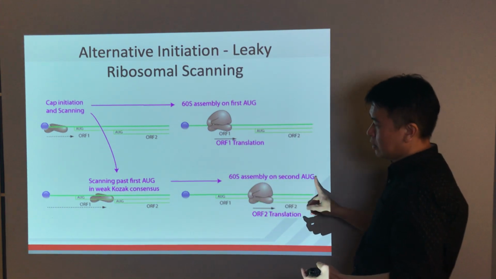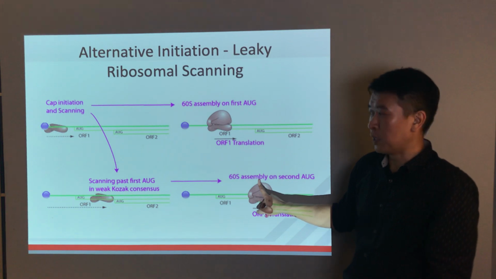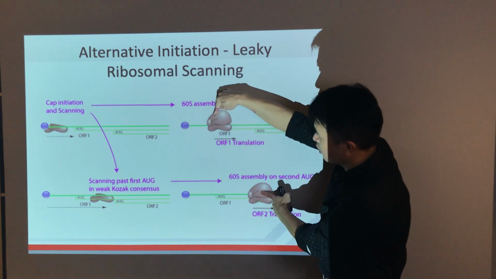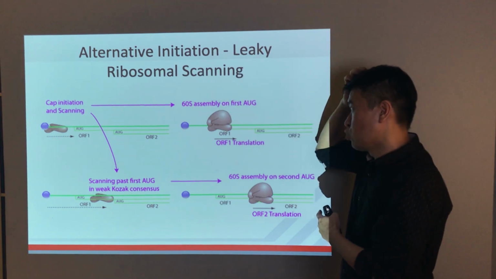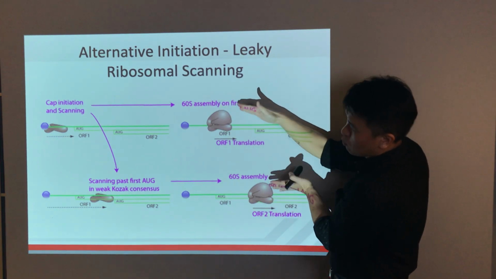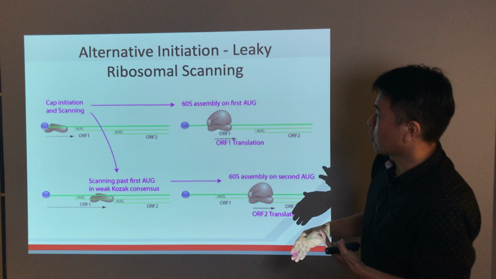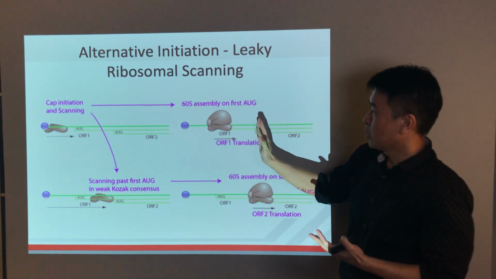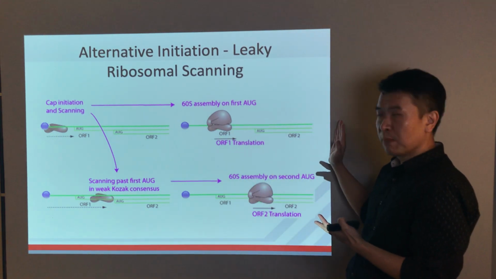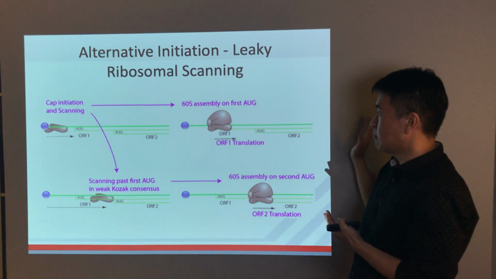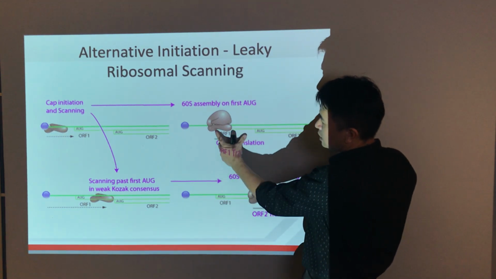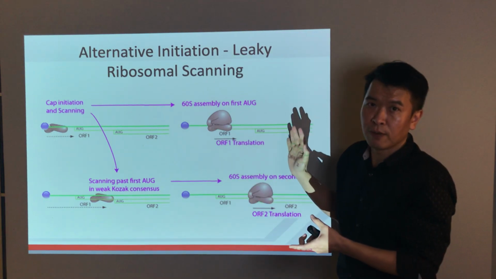This is where the first amino acid will be located, compared to the original, where it is synthesized from the first AUG. So what's the difference between this one and this one? In the end, they might have the same C terminal when the reading frame is the same, but their N terminal is definitely different.